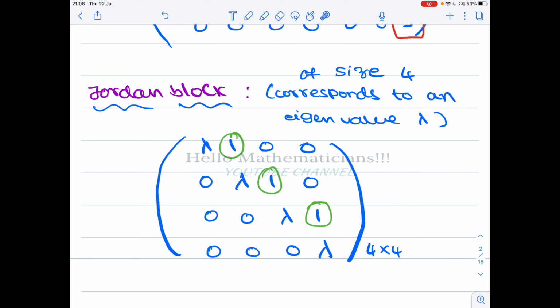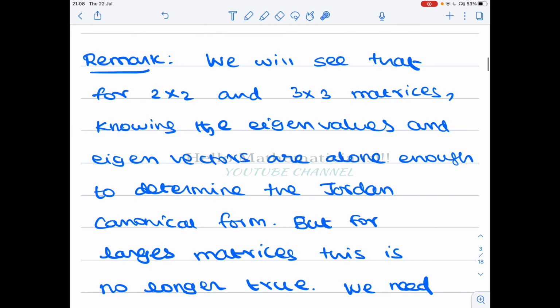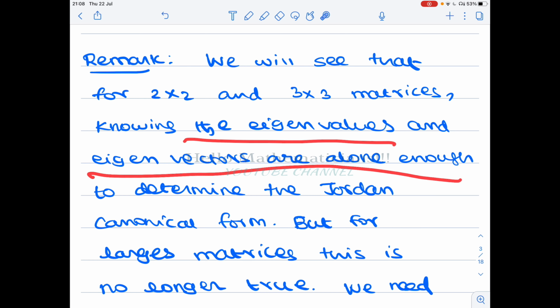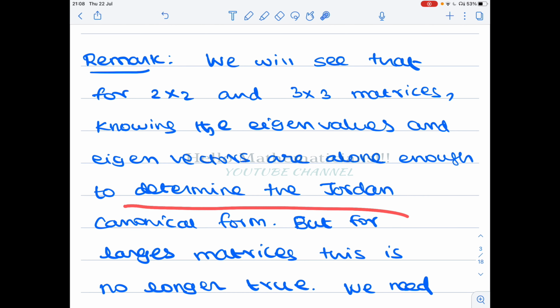Okay, now a quick remark. We will see that for 2 by 2 and 3 by 3 matrices, knowing the eigenvalues and eigenvectors alone is enough to determine the Jordan canonical form. What is the meaning?